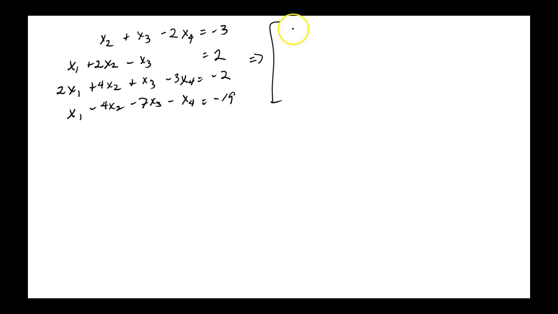Okay, and what would that be then? The augmented matrix: row 1 is 0, 1, 1, negative 2, negative 3. Next, 1, 2, negative 1, 0, 2.